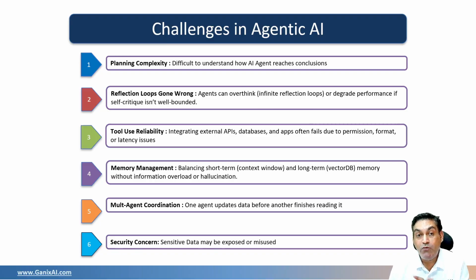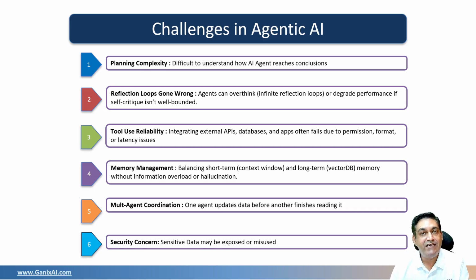When we talk about the challenges in agentic AI, there are a few that I have listed here. One is planning complexity. It does the planning, but how it reaches the conclusion is kind of difficult to understand internally. Then, reflection goes wrong.